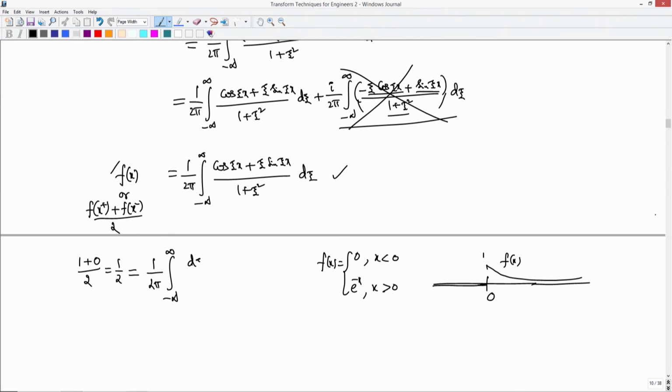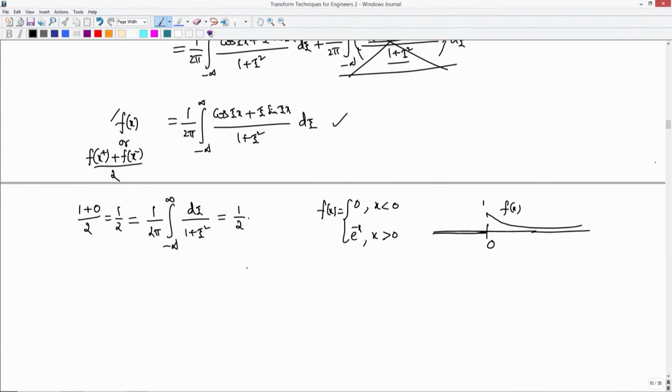So, you have d xi by 1 plus xi square. You expect this to be 1 by 2. Is this really true? If you actually calculate this integral, you have 1 by 2 pi, and this is tan inverse xi from minus infinity to infinity.